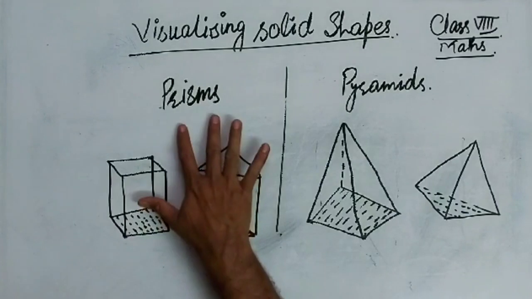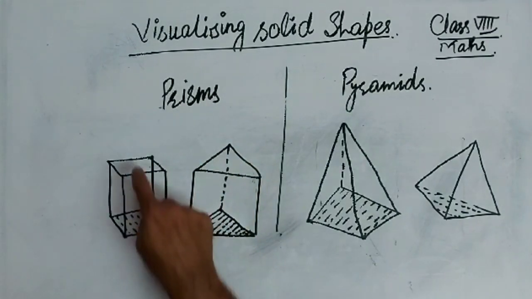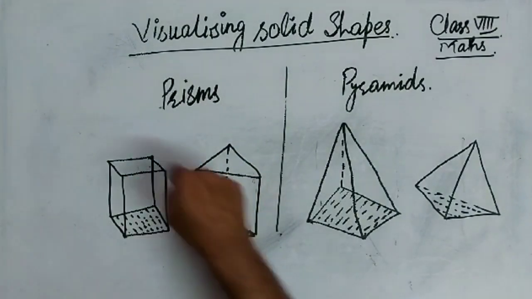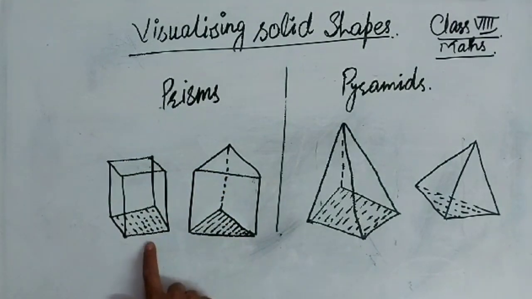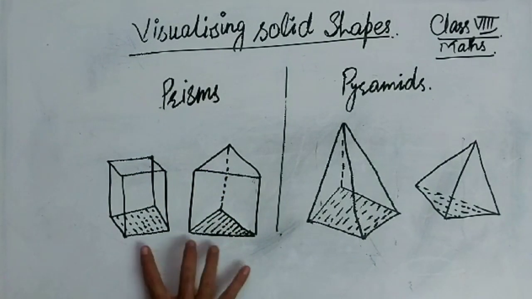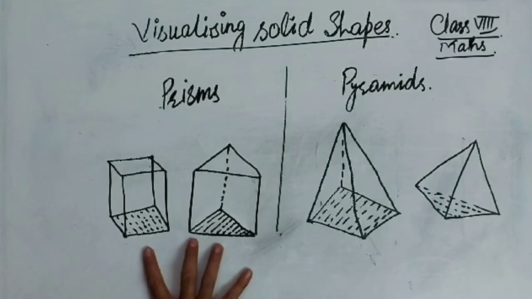So in the prisms, the base and the top are the same, and the other faces completing the diagram are parallelograms. So this is about the prisms.